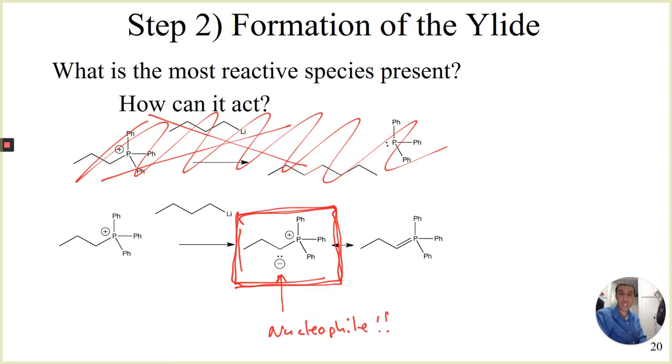For those of you saying, but what about this structure? Doesn't that actually show that we don't have a nucleophile? Isn't it saying that we don't have a negative carbon? Yes and no. Okay. Yes, we seem to have neutralized that charge, but how efficiently did we neutralize that charge? You might say, well, but there's no charge.